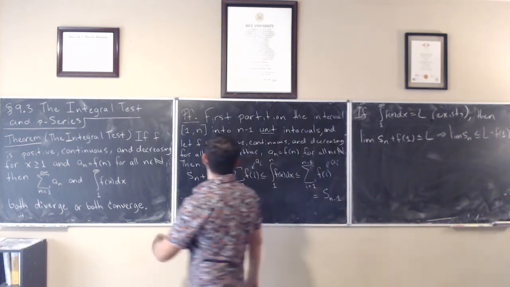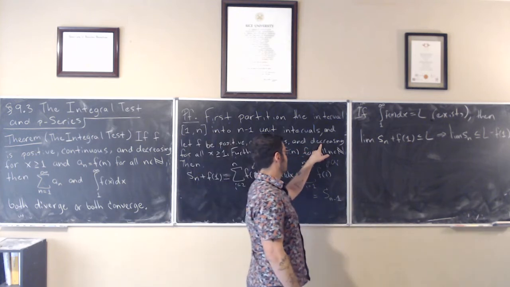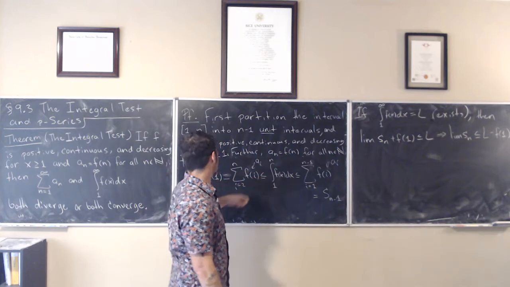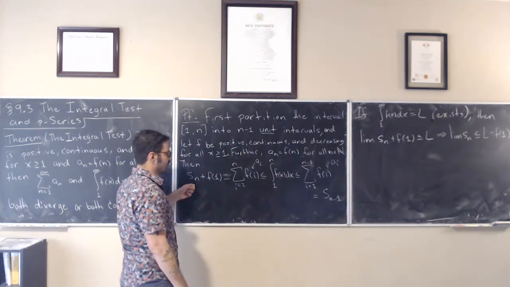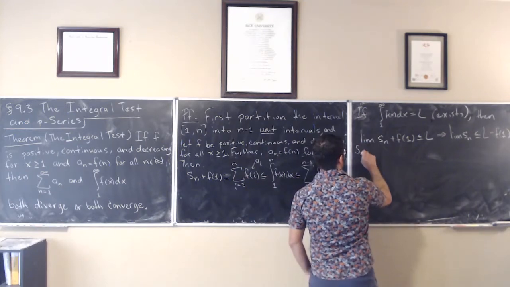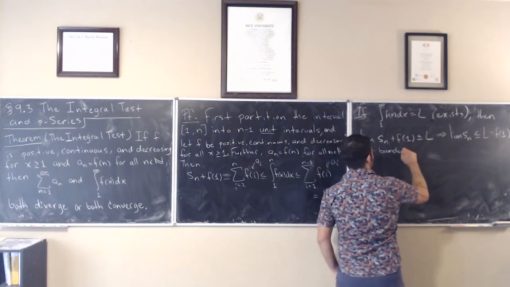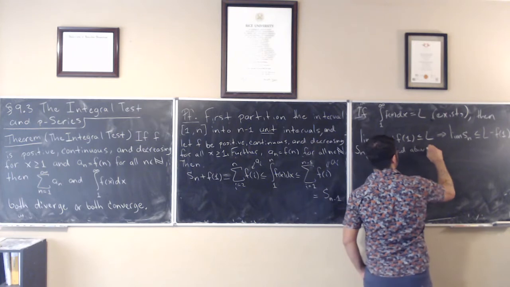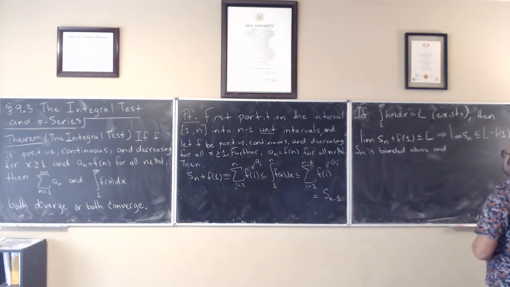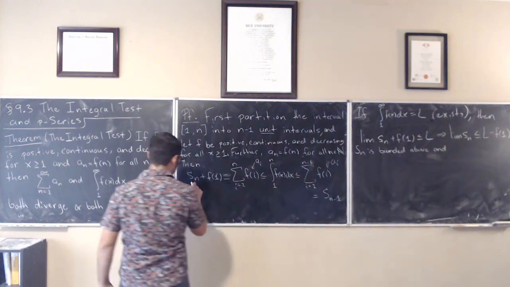Now, since f was decreasing, we know that the a sub n's are decreasing, right? Which means that the partial sums are decreasing. So S of n is bounded below, and the partial sums are increasing, right?